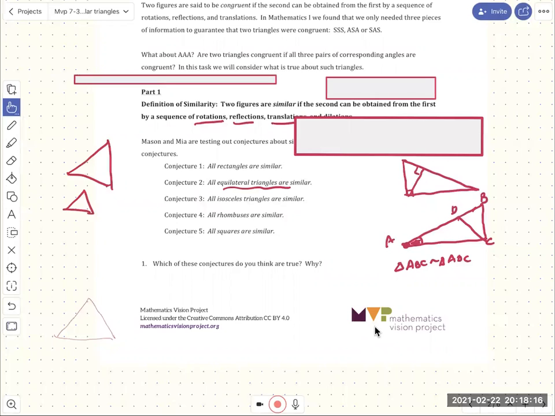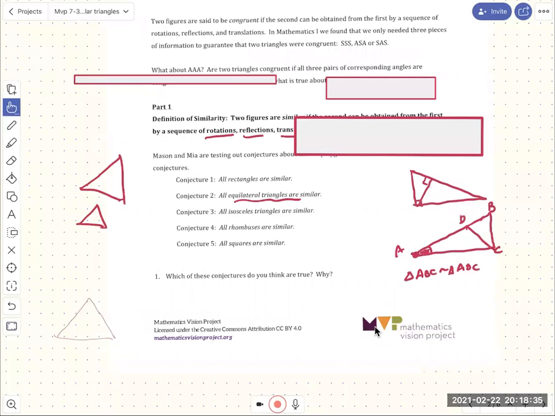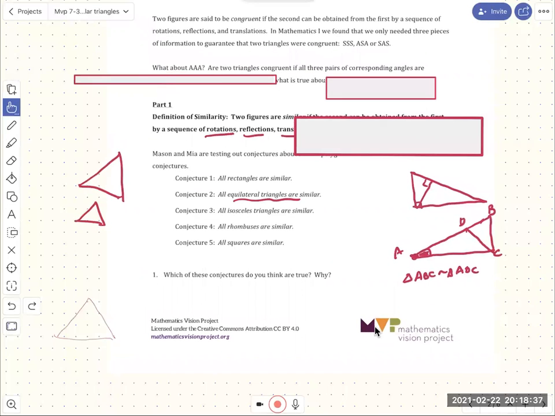What is it about our triangle that's different? Okay. But okay, all equilateral. What about all isosceles triangles? Are they similar? And when you think about that, you say, well, that's for sure not true, okay? That's for sure not true. And why is that?